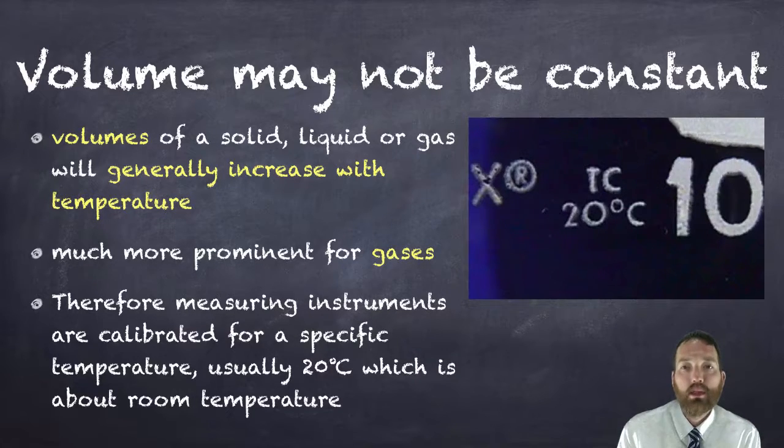That means that instrument is calibrated to deliver the exact volume that you've measured using the little lines and reading it carefully, but only if your sample is at 20 degrees Celsius, which is about room temperature. If you have temperatures very different than room temperature, especially hotter, the volumes of your liquids could change, and that will throw off your volume.